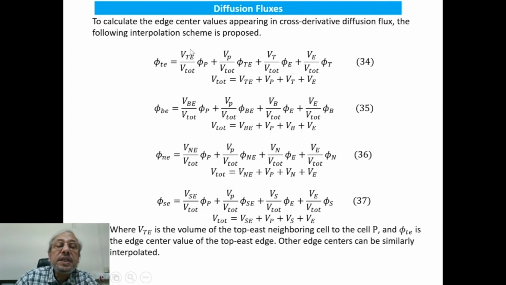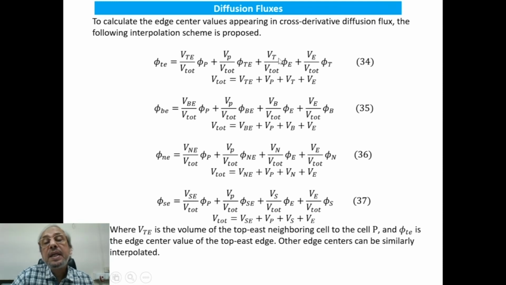So this is Vte divided by V total into phi p. We are interpolating: Vp, volume of the cell of interest, divided by this total volume. We'll just define what is total volume, into phi t. Phi t means the eastern neighbor of the top cell above cell P. Its center is T, phi t.